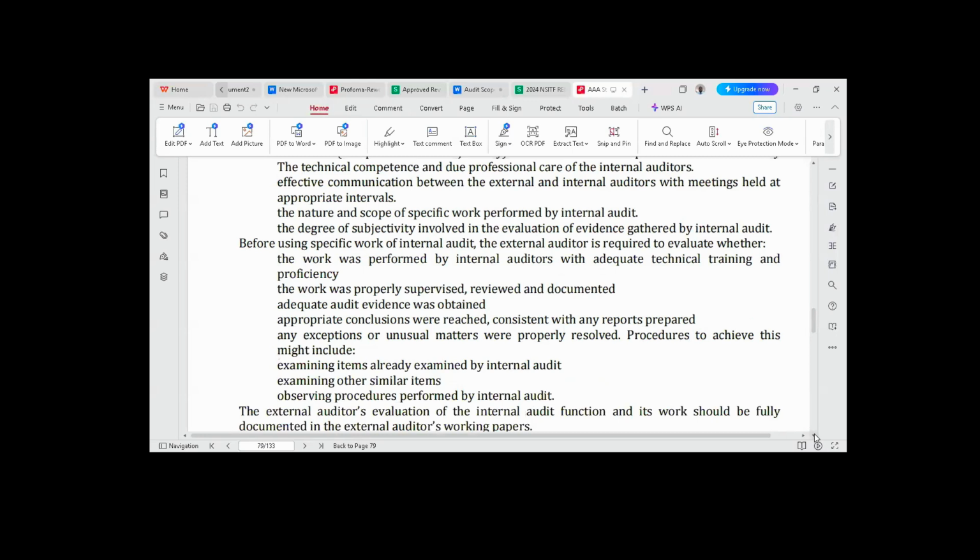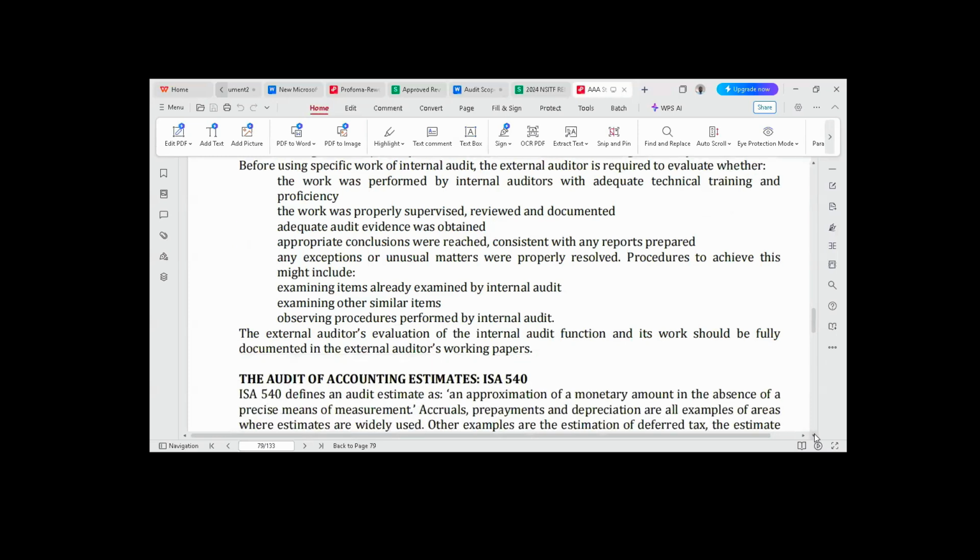Like I said, they don't just work on what? On guesses, inferences, no. They work based on what? Based on documentary evidence. So if after the evaluation they see that all of these areas were not properly covered by the internal department, they are going to set the internal department aside and carry on with their audit engagement as though the internal audit department never existed. Okay? So that is what they will do.